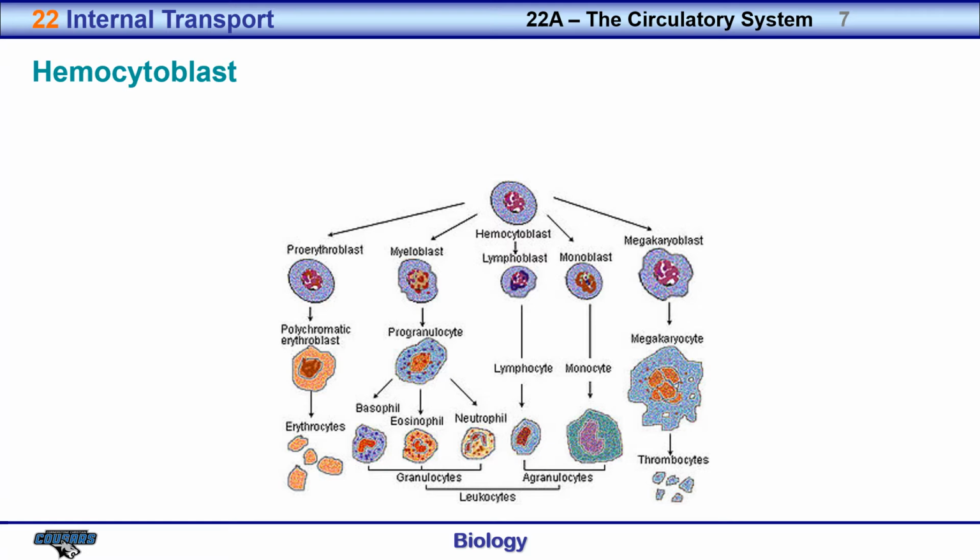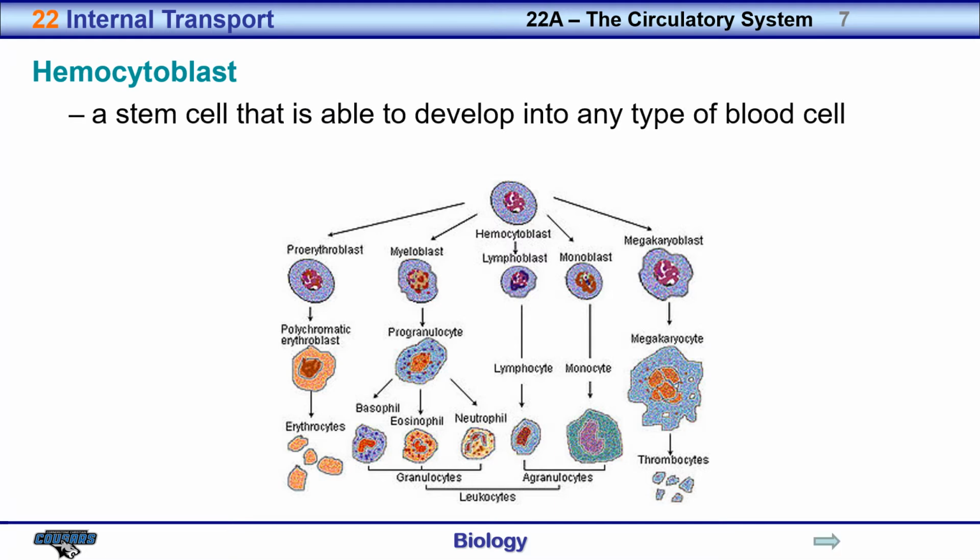Each of the components in the blood has very different shapes and function, and they all originate from a single type of stem cell that is able to develop into all these different kinds of blood cells. So you can see that from this cytoblast, as you look down on the bottom, you have the erythrocytes, and then in this middle section, they're all different kinds of leukocytes.